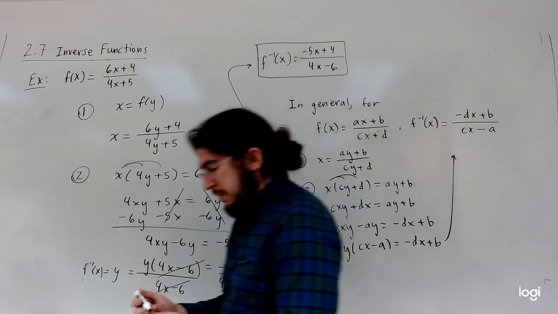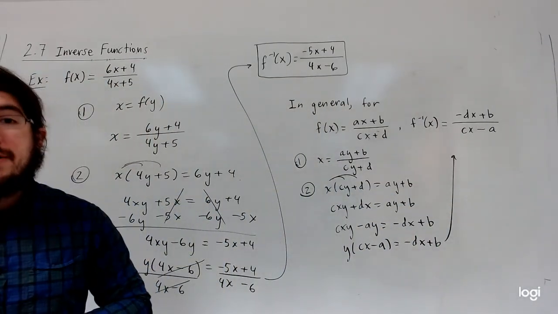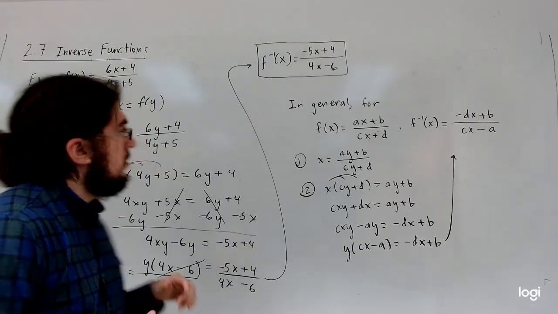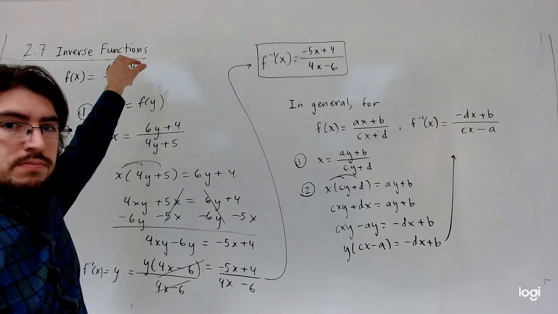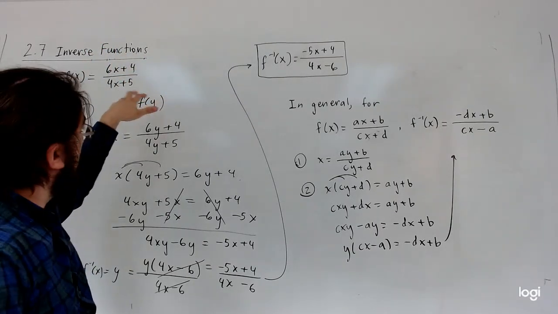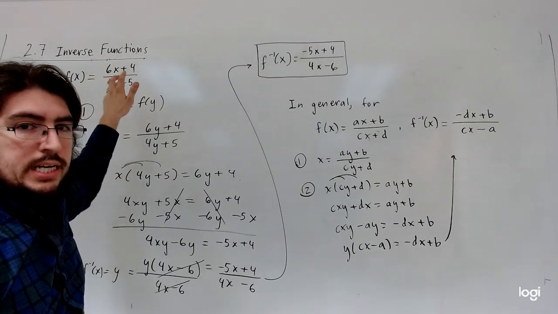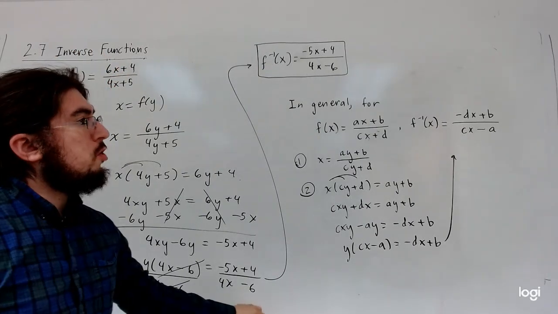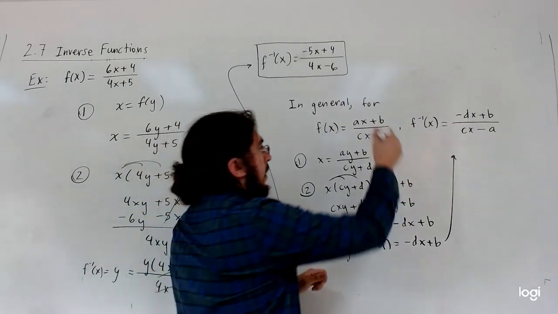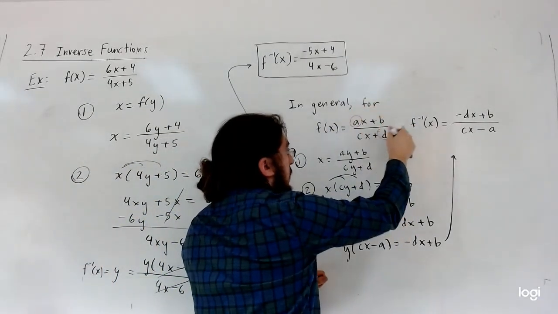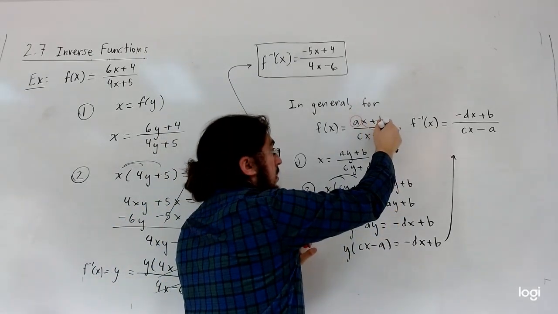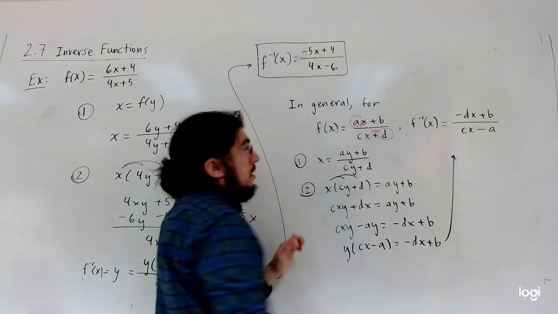What's really nice about this is that there is a pattern. If you're given a linear fractional transformation, which is a function that's a fraction of linear expressions, so ax plus b over cx plus d, all you really need to do is look at a and d, negate and swap them.